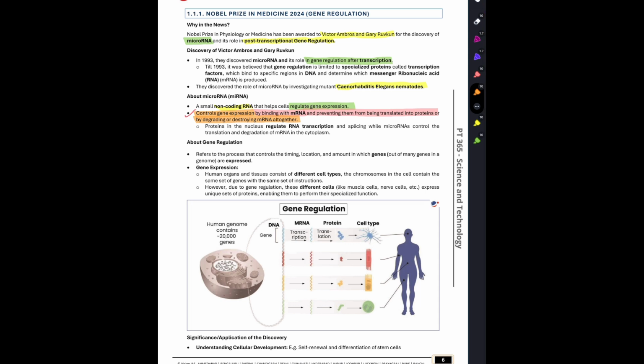So microRNA is a non-coding RNA that helps in regulating gene expression. It sticks to mRNA and prevents it from being translated into proteins, or degrades or destroys the mRNA altogether. So it basically prevents the synthesis of protein.